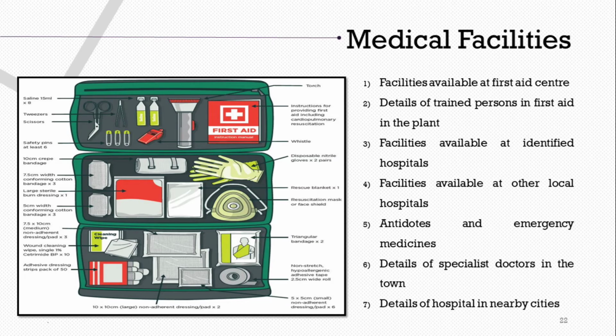These medical facilities include facilities available at the first aid center, details of trained persons in first aid, facilities available at identified hospitals, facilities available at other local hospitals so that treatment can be given as fast as possible, antidotes and emergency medicine, details of specialist doctors that are in town and available, and last, the details of hospitals in nearby cities. So if there is any more serious situation, then the patient can be transferred.